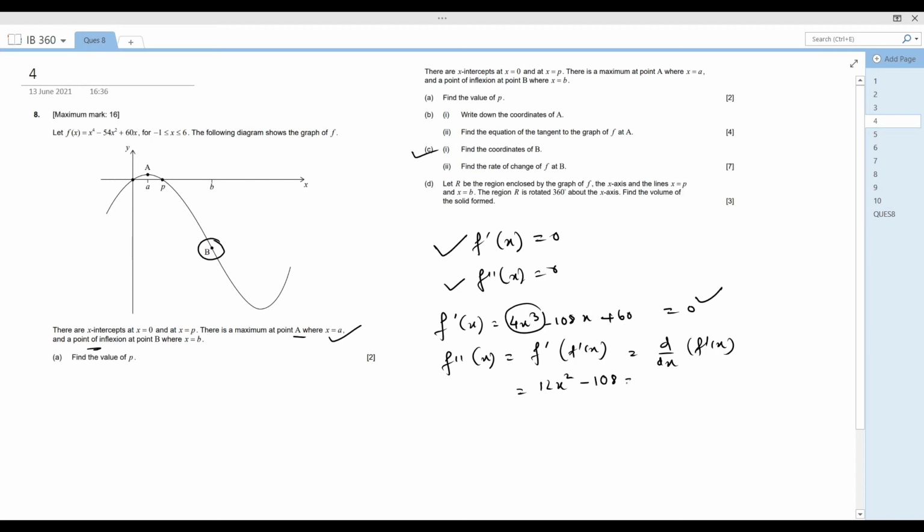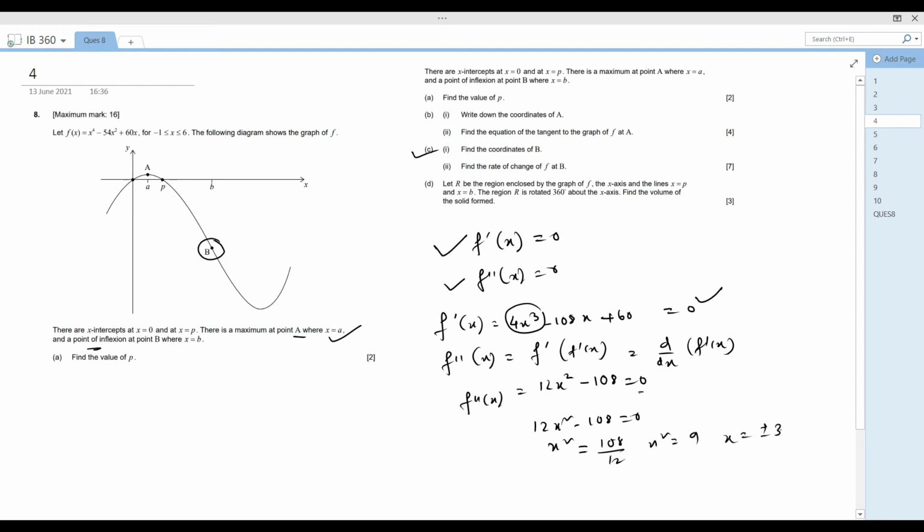Now f double dash of x equals this, and we equate it to 0. So 12x square minus 108 equals 0. So x square equals 108 divided by 12, so x square equals 9. So x equals plus or minus 3.